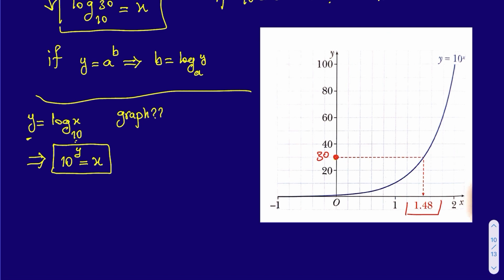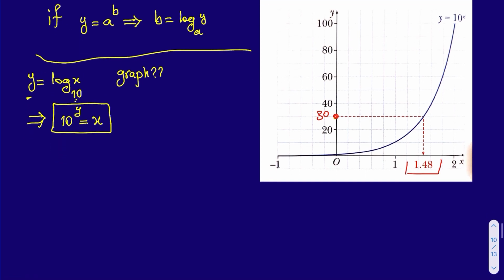Now I can give random values to y and find the value for x. So I can say if y is 0, then x will be 1. If y is 1, then x will be 10.